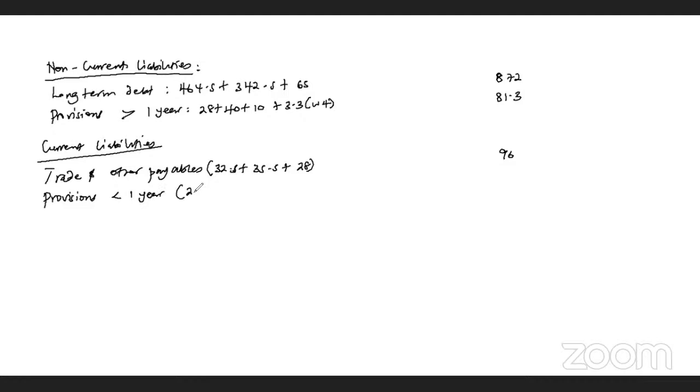The parent has 25, ML has 8, NUL has 70, but I'll add 0.198, the finance cost on the provision. That is working 4, and this gives us 103.2.